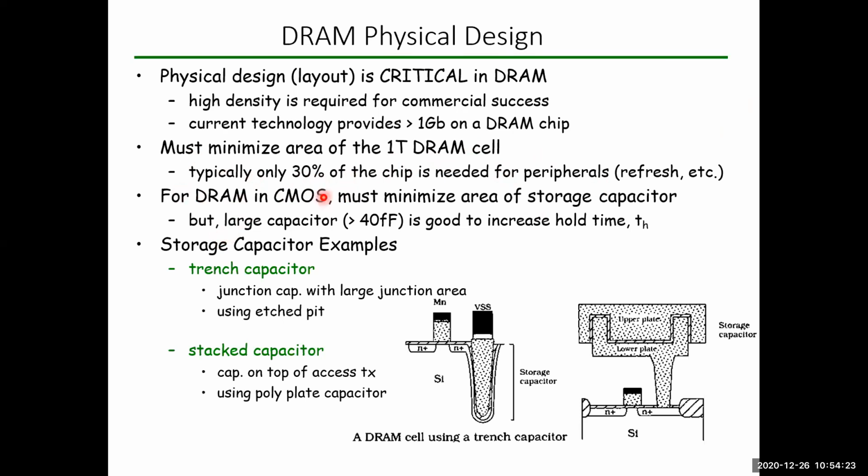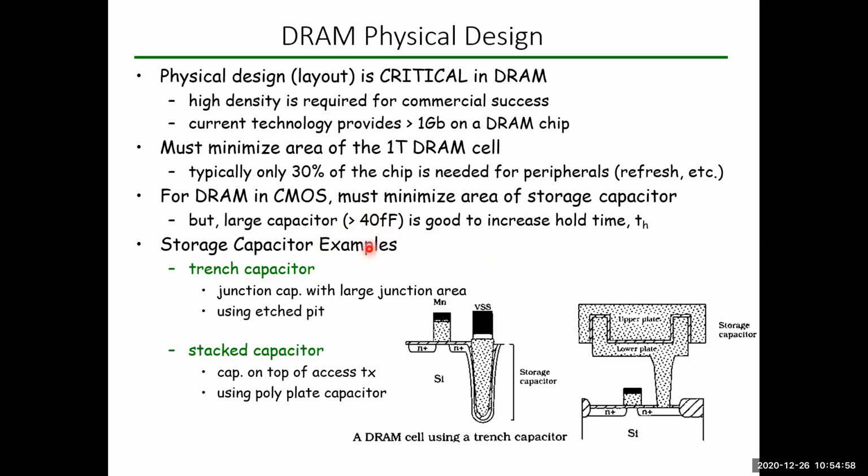For DRAM in CMOS, the capacitor must have a minimum area in order to design any kind of DRAM in CMOS logic. That should be approximately 30%, but with a larger capacitor greater than 40 femtofarad. It means that if you are trying to design a DRAM with the help of a larger capacitor, that capacitance value should be greater than 40 femtofarad, which is quite achievable, in order to increase the hold time.